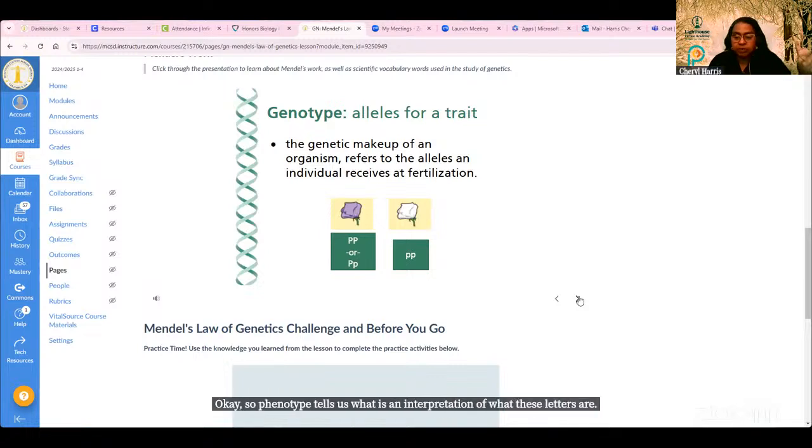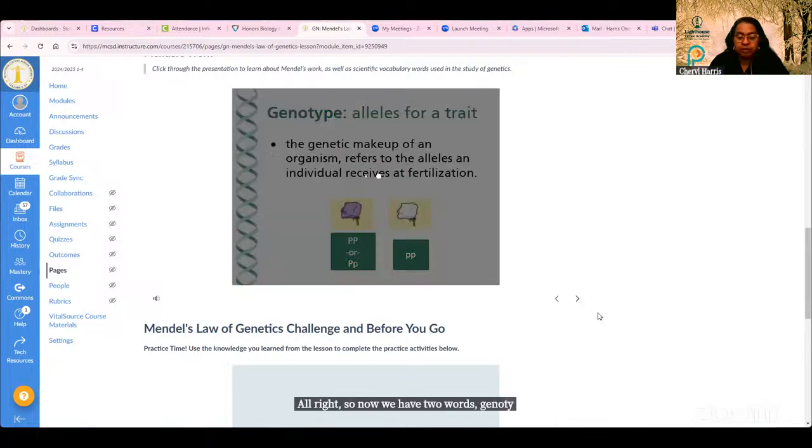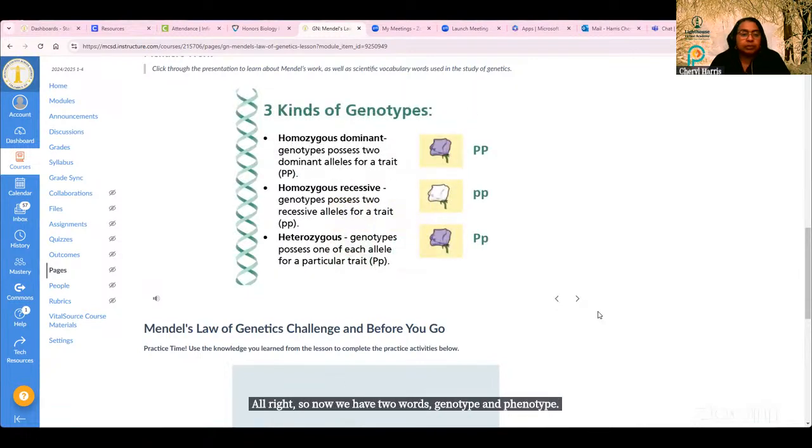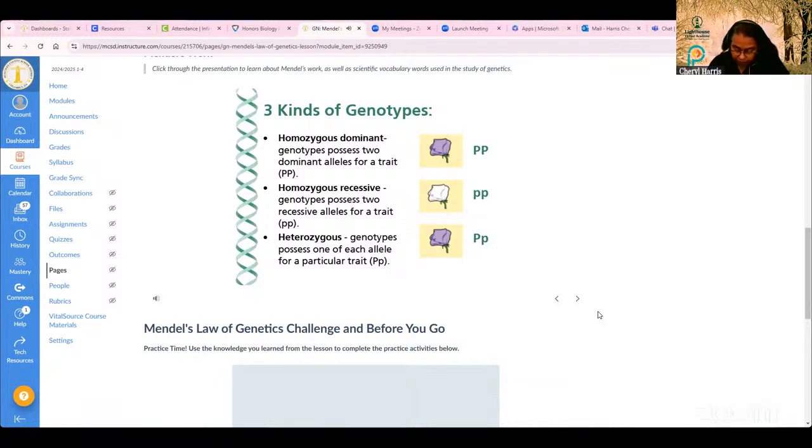All right, so now we have two words, genotype and phenotype. There are three kinds of genotypes. The first is homozygous dominant. In this genotype, there are two dominant alleles for a trait, such as capital P to represent purple flowers.